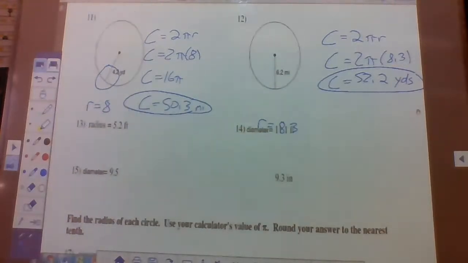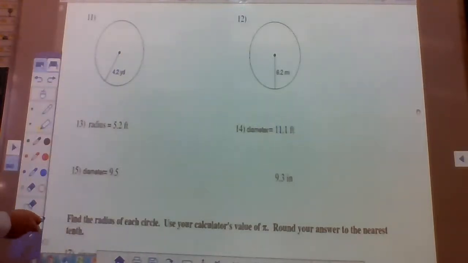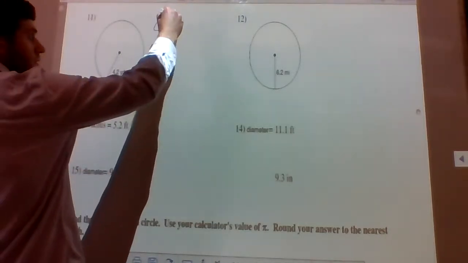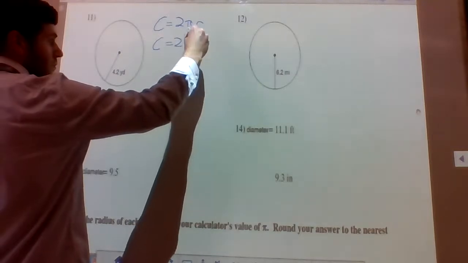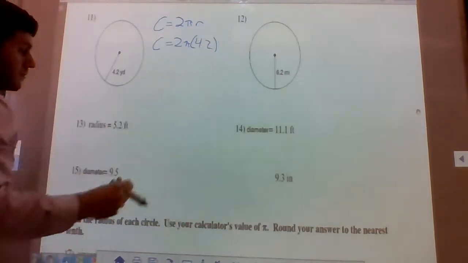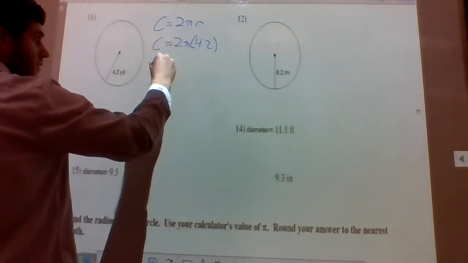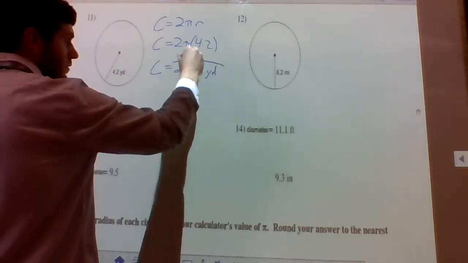Number 11. Okay, circumference 2 pi r, 2 pi times 4.2. 26.4 yards.